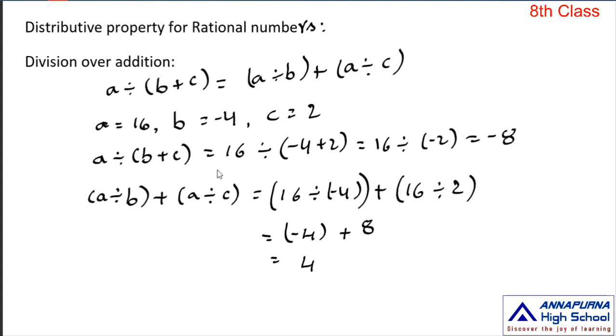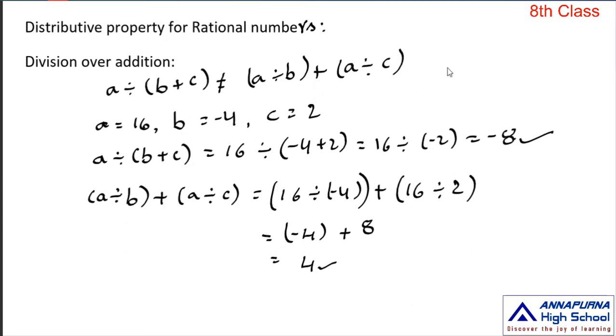So here a divided by b plus c, we get minus 8. a divided by b plus a divided by c, we get 4. Are both equal? No, they are not equal. That means a divided by b plus c is not equal to a divided by b plus a divided by c.